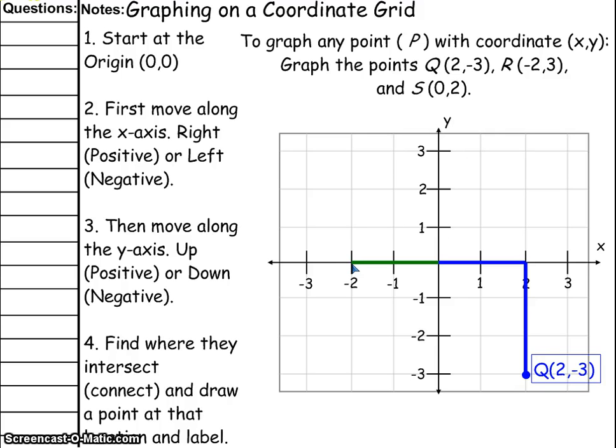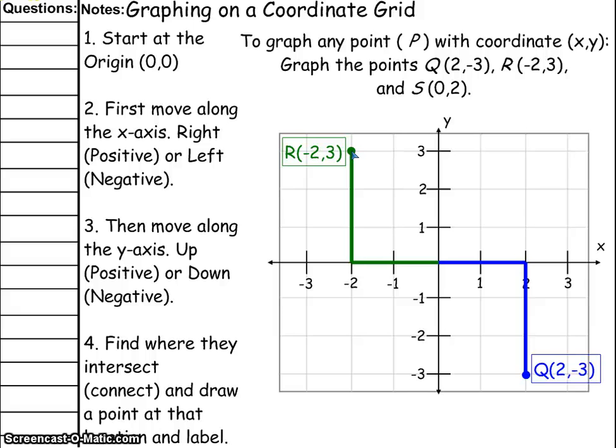So I'm going to go up until I get to positive 3. And then that is where I'm going to plot my point. And I'm going to also label it R (-2, 3), to indicate that this point is the location of point R.